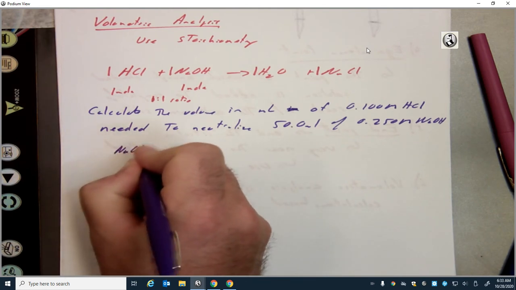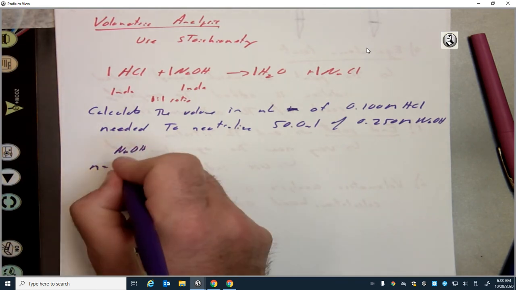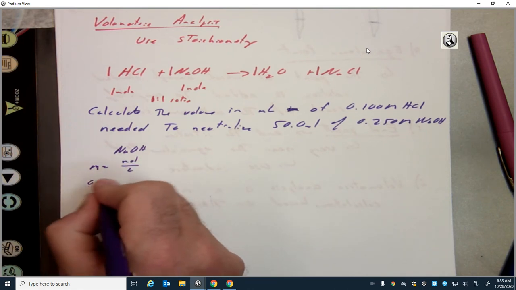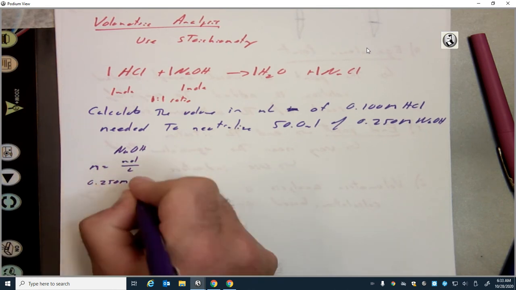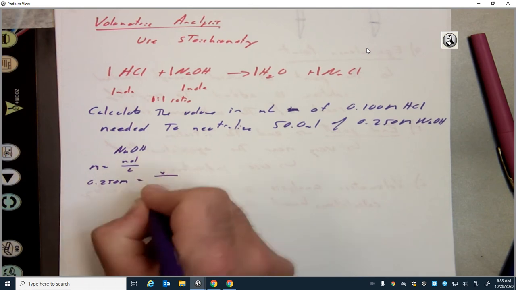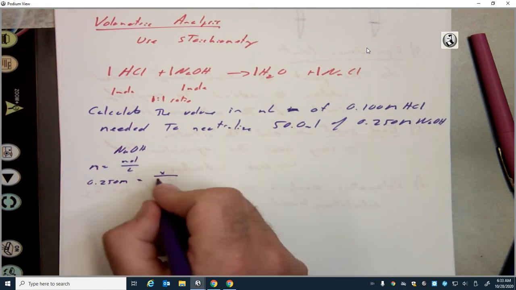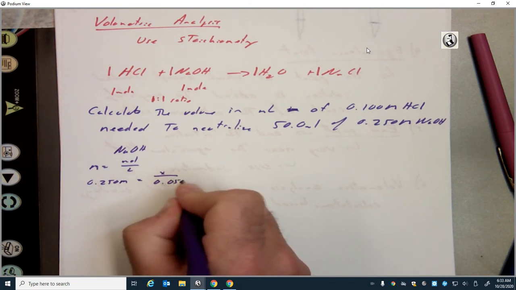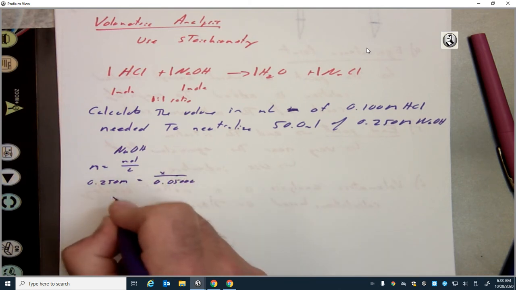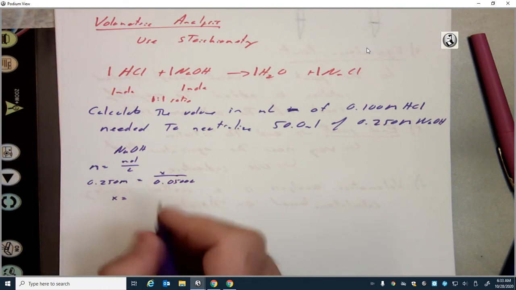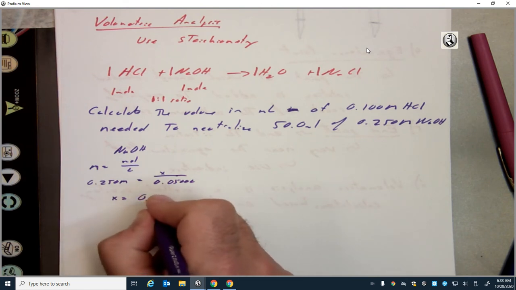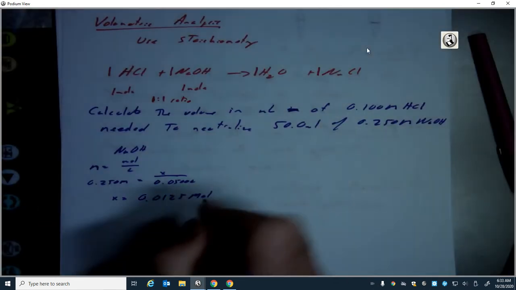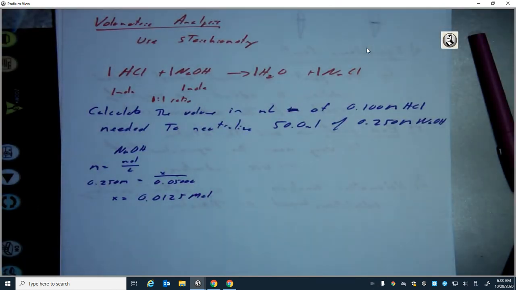We can say, molarity equals moles over liters. So we got 0.250 molar equals X over, I have to convert that to liters, 0.0500 liters. If we cross multiply, we get 0.0125 moles. Sorry.